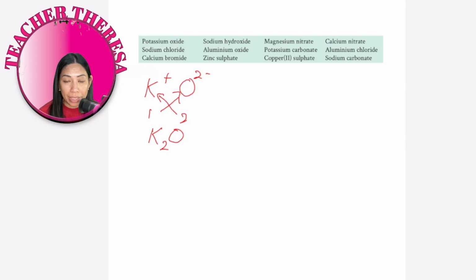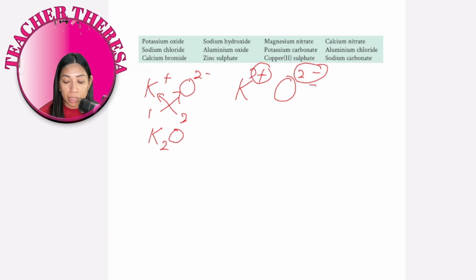If you don't want to use the cross method, you can do another method where you must make sure the total charge is always 0. Let's say you have positive and 2 minus. Total charge means the positive charge plus the negative charge, you must get 0. So how are you going to get 0? Here there's only positive 1, but here you have 2 minus. So to make it 0, you have to times 2 here.